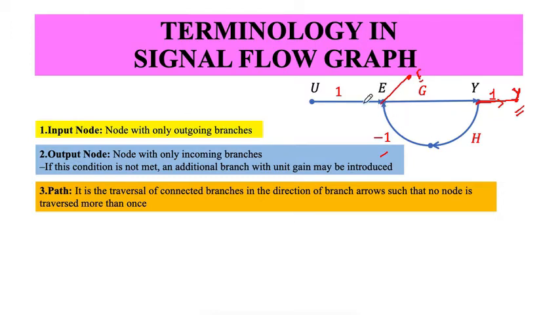Here a path would simply be, if I want to go from U to Y, just go from U, then E to Y. I can't go from U to E, E to Y, and then again go like this, U to Y, then come back, then again go.